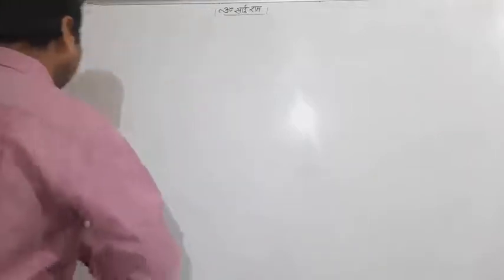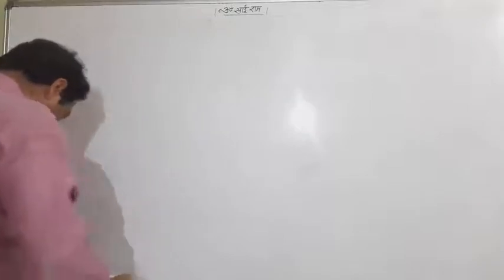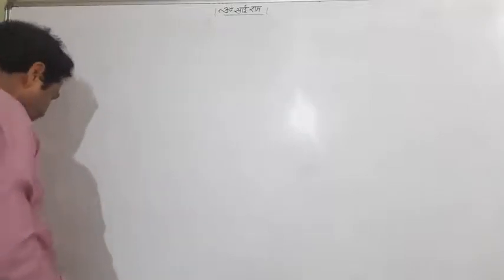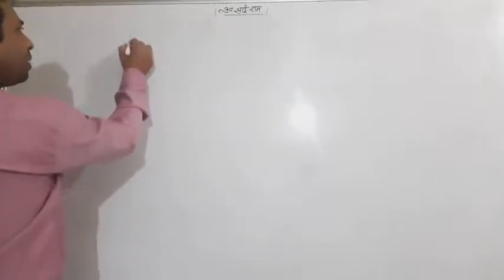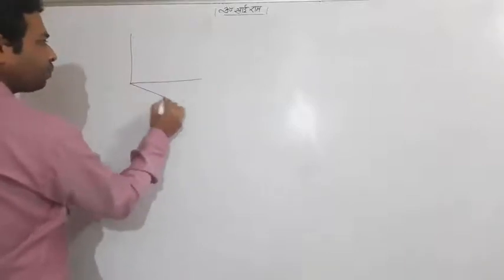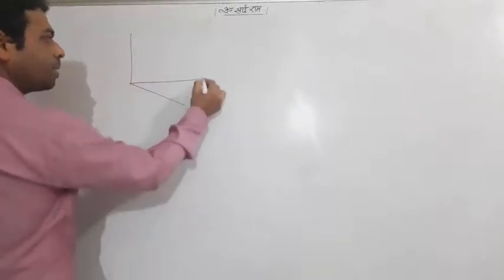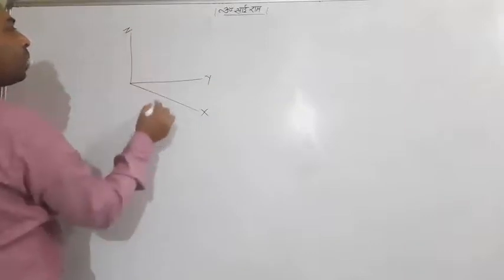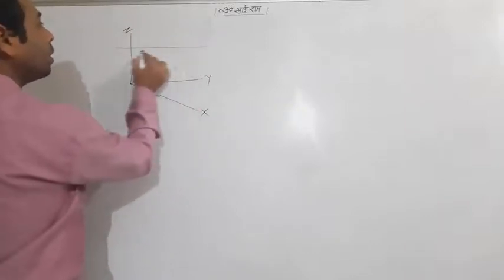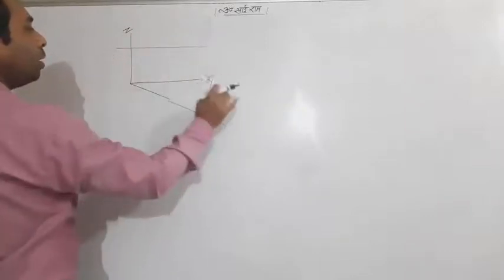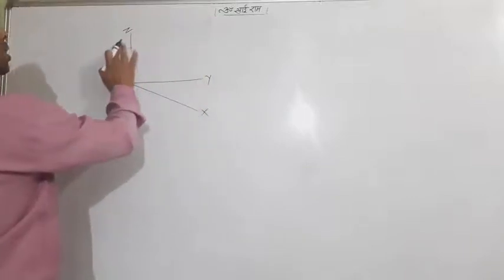Now let me tell you one simple concept, which is actually a question in the book. Suppose this is the x-axis, this is the y-axis, this is the z-axis, and my plane is parallel to the xy plane. Try to understand it.